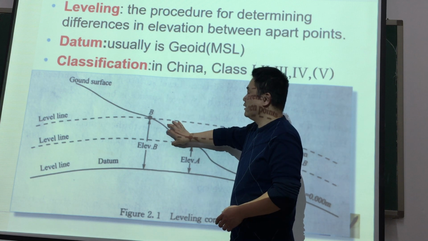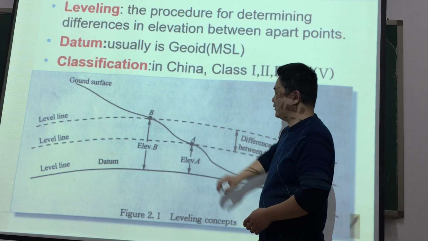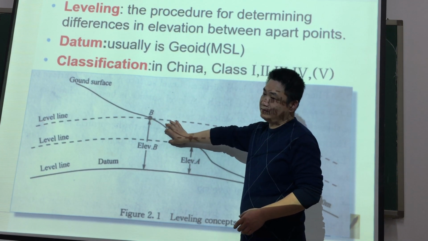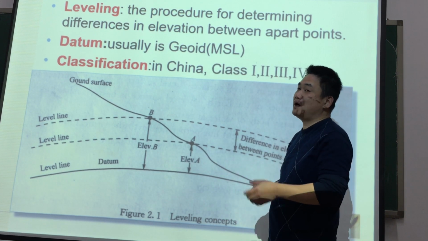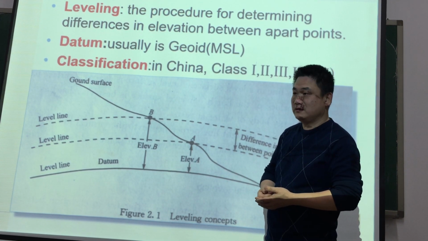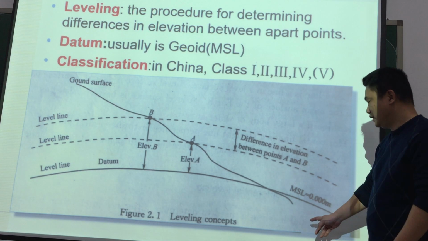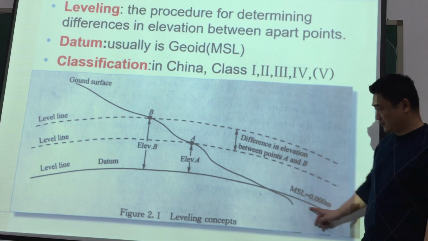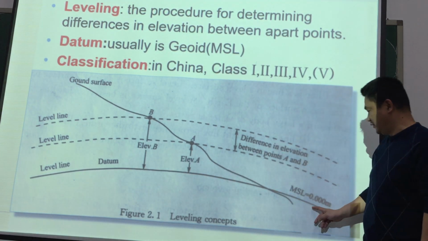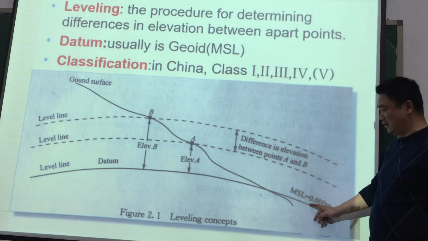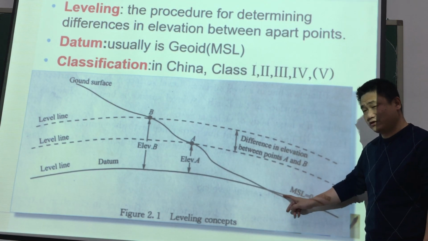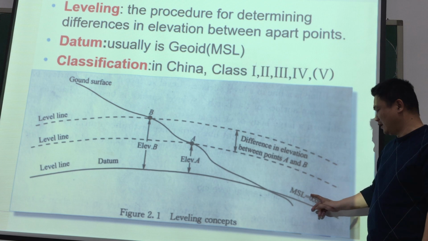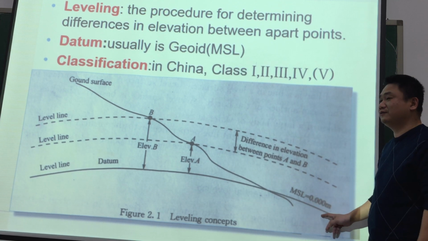And here we use the elevation difference to determine the elevation of a point. Why? Because, for example, this curved line is the level, that means the geoid surface. So we say here the elevation is 0.